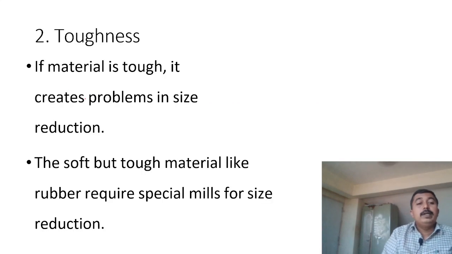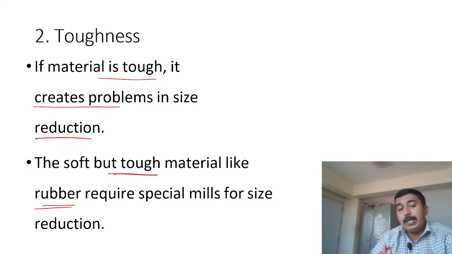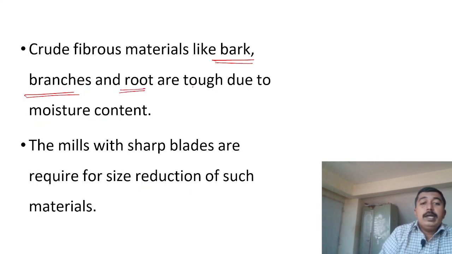Toughness also creates a problem. Sometimes a material is soft but tough, like rubber, and then it is very difficult to break. For such tough material, again we require a specialized mill. Most of the time, different parts of medicinal plants, such as bark, branches and roots, are also tough.